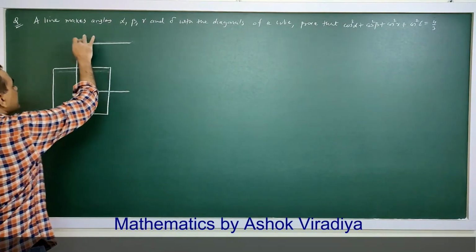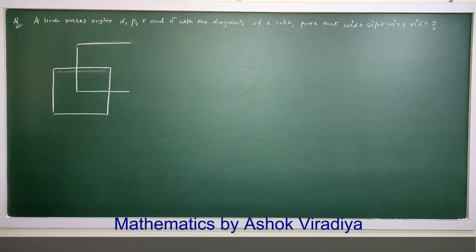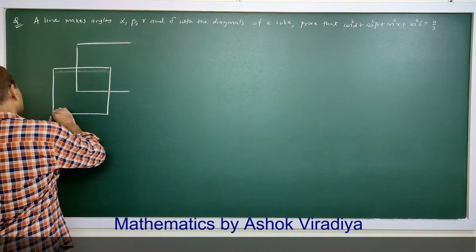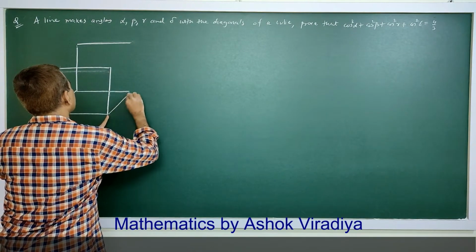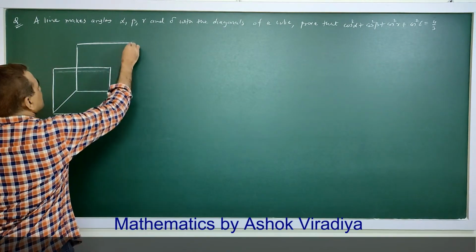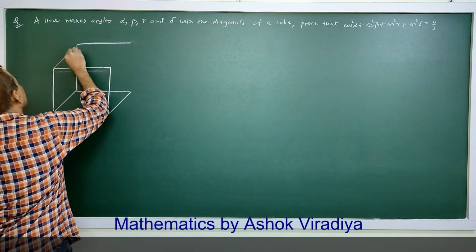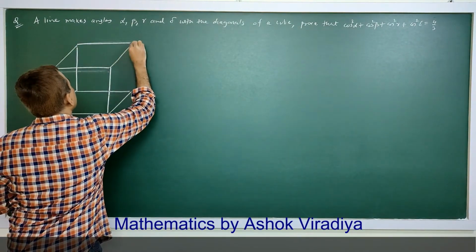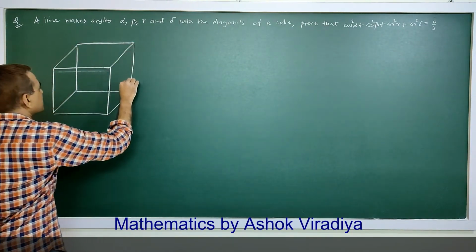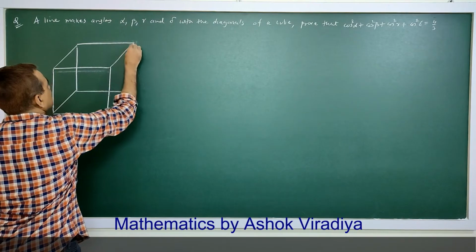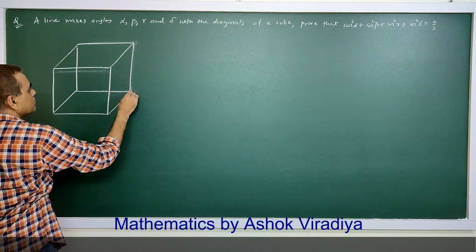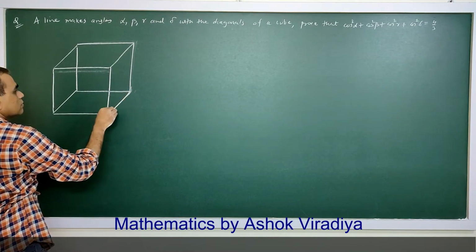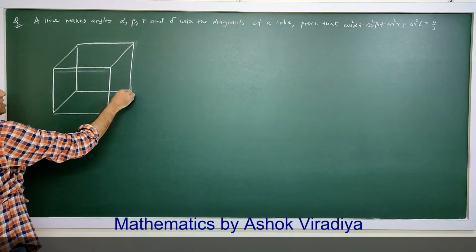So front side and back side, two parallel sides. Now joining these two corners, this should be parallel. Here, this side, so this is a cube.